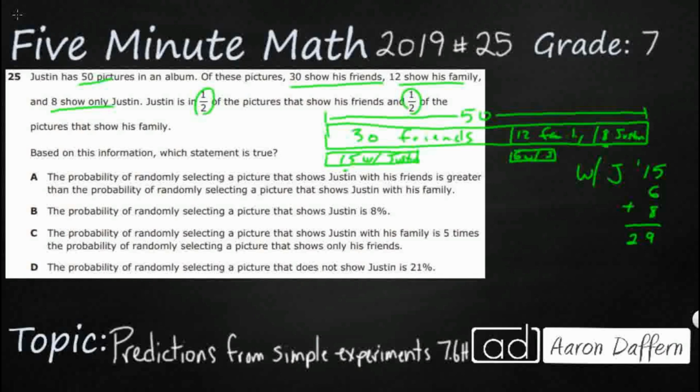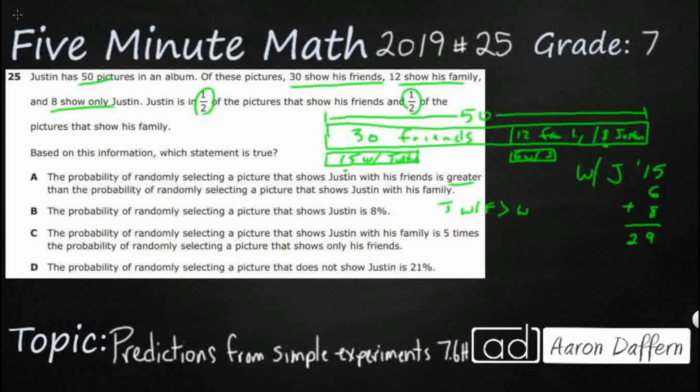So let's look at this. The probability of randomly selecting a picture that shows Justin with his friends is greater than the probability of randomly selecting a picture that shows Justin with family.